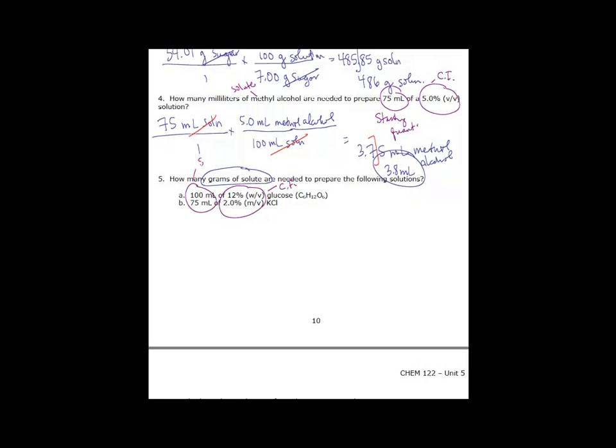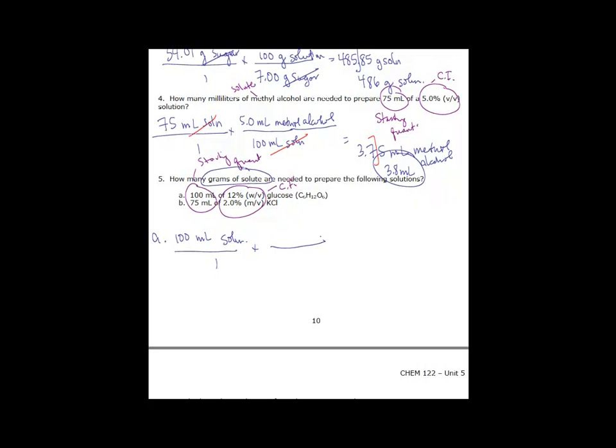These are my starting quantities. So A, 100 milliliters solution over 1.